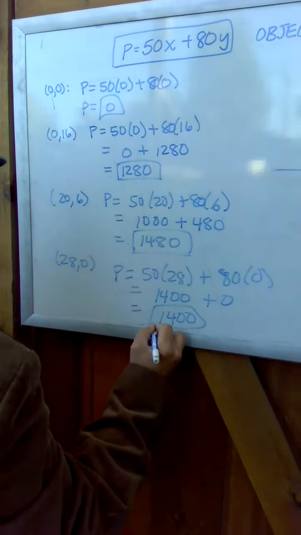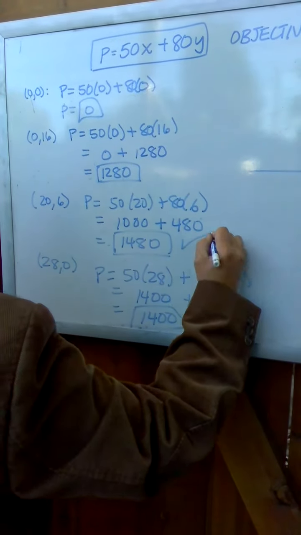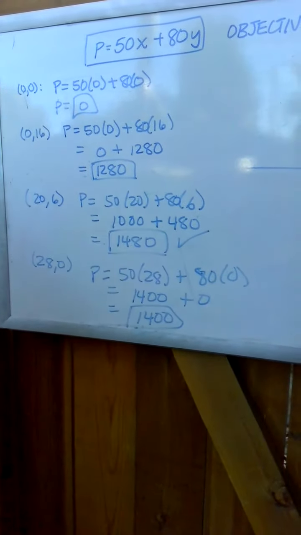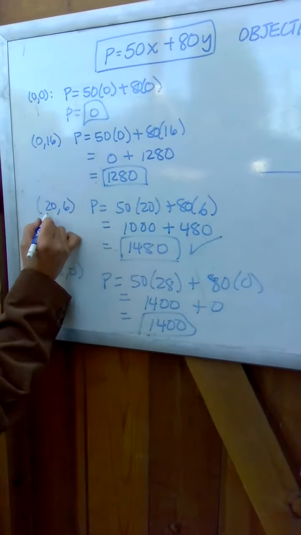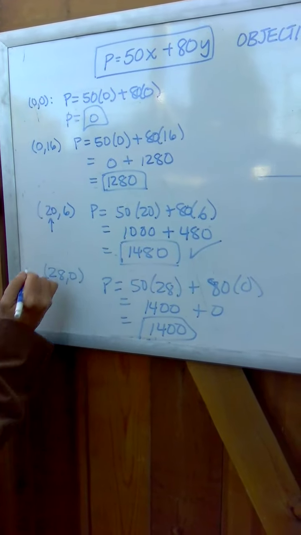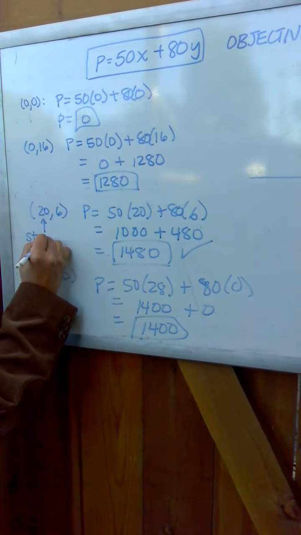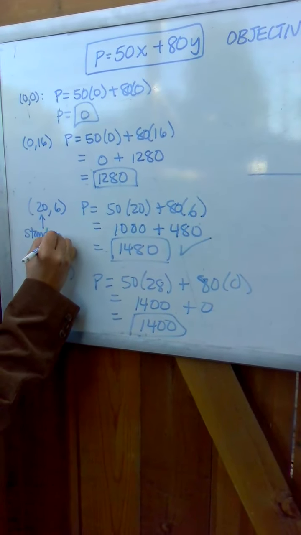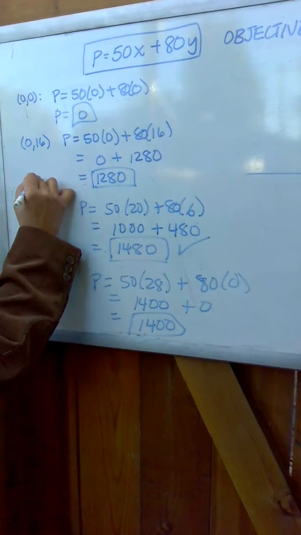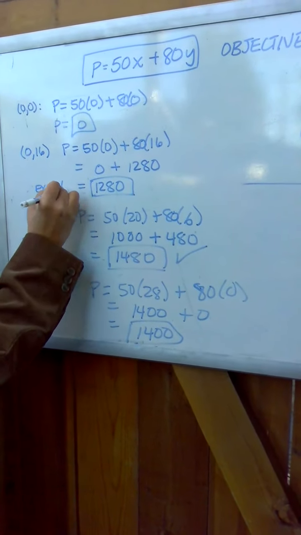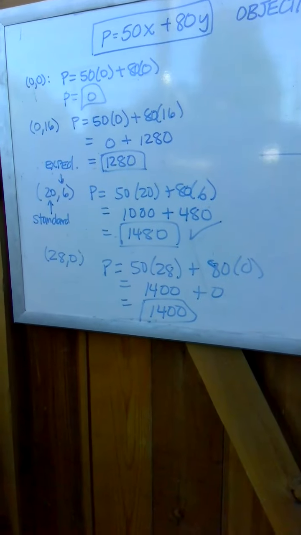So we see here, of these 4 corner points, this one over here yields the largest profit. So this tells me that if I want to maximize my profits, then I need to make 20 standard tents, and I need to make 6 expedition tents. Okay? That's how many you need to make of each to maximize your profits.